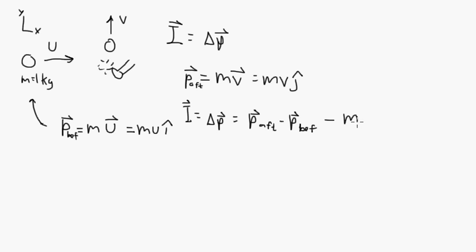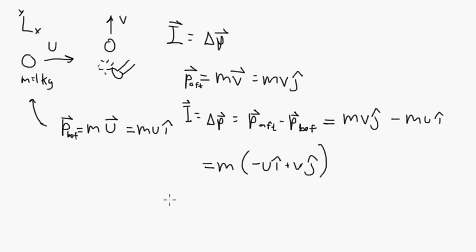That equals m v j hat minus m u i hat, and that is going to equal m times negative u i hat plus v j hat. Simple enough.